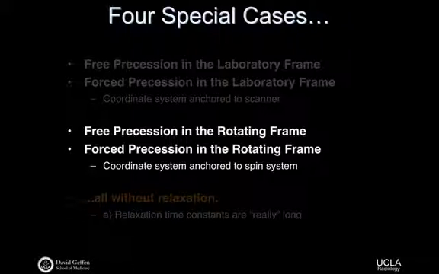So we'll say that dM_rho/dt is governed by M_rho cross product with gamma B effective. We saw this at the end of one of the last slides, but now we know what B effective is. And so this just looks like M_rot crossed with gamma B1 envelope as a function of time along the i-hat direction.